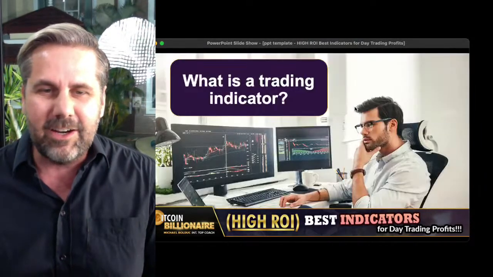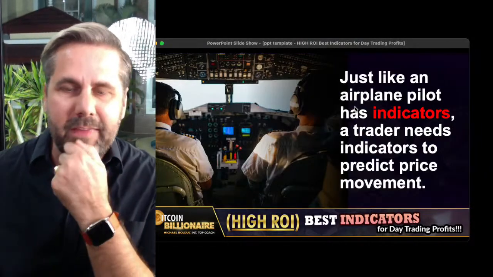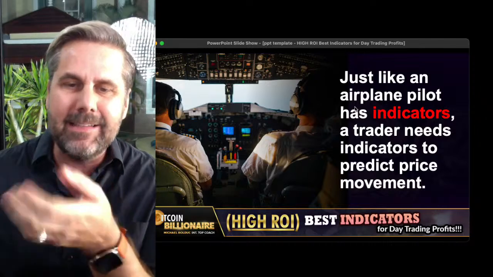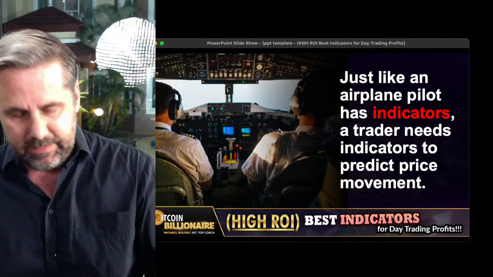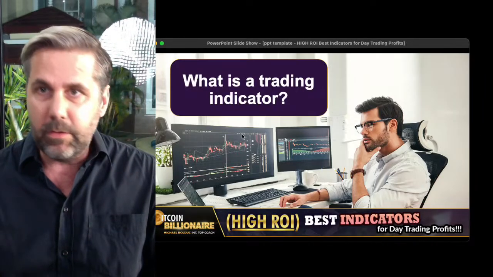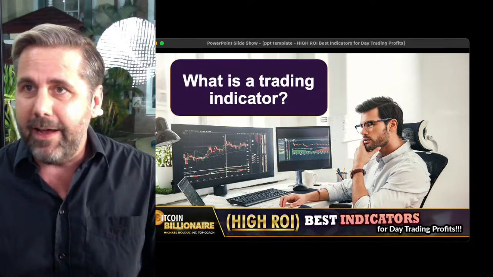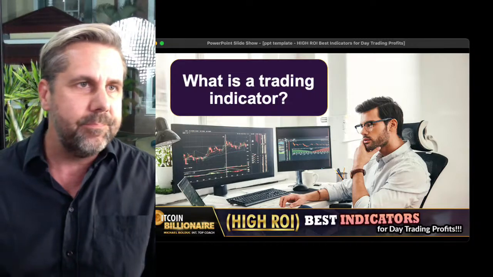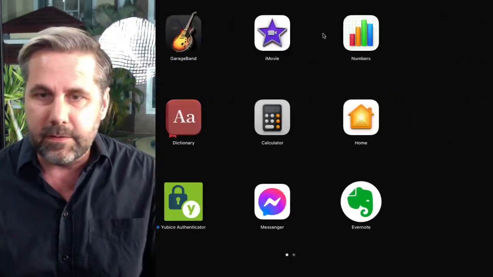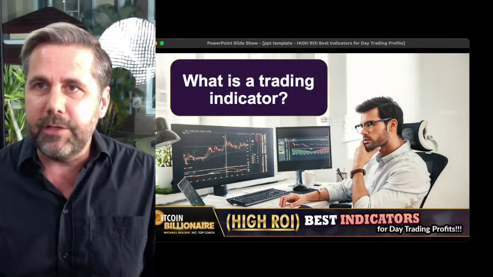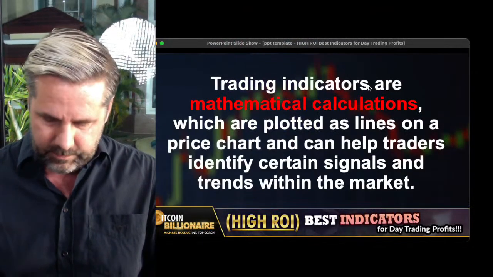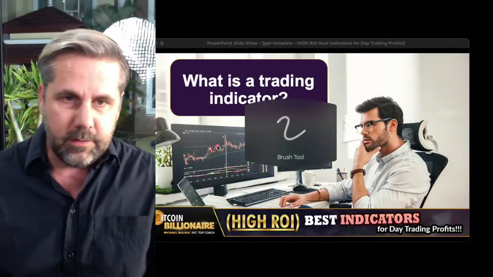Okay, let's get started. Just like an airplane pilot has indicators, right? When you're flying an airplane, you need all these dots here to be able to fly. Sorry about that, let me go back here.